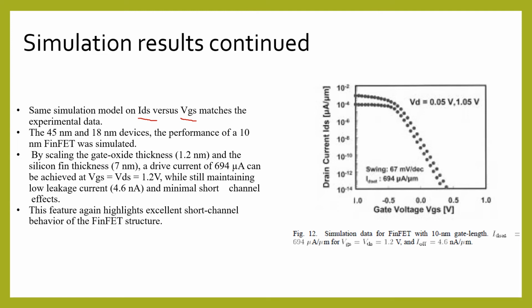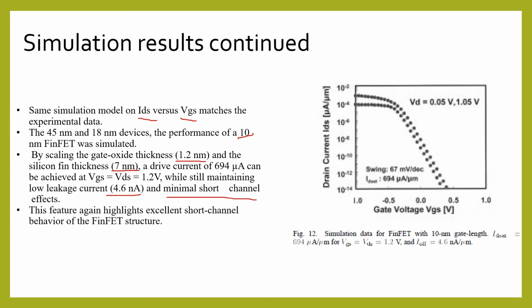But in this case, gate length was reduced to 10 nanometers, oxide thickness was scaled down to 1.2 nanometers, and silicon fin thickness was scaled down to 7 nanometers. But leakage current was still relatively low compared to 700 microamps, and again minimal short channel effects were observed.